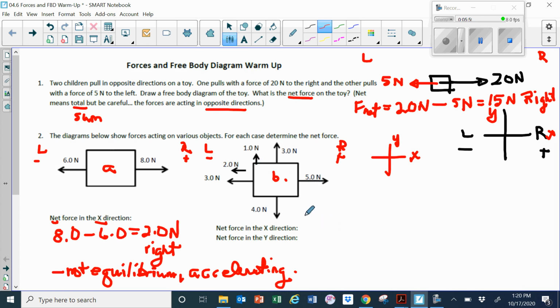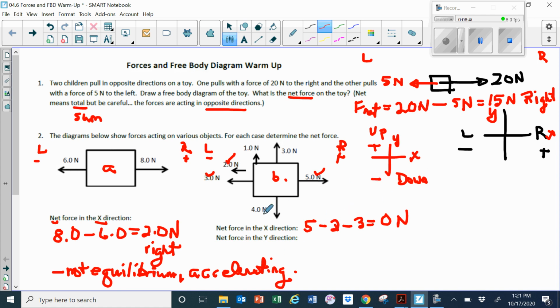So let's look at that. We've got 5, that's a positive net force, 5 newtons to the right, minus 2, so I'll just put a little check on this, minus 2, that's this guy, and minus 3, that's this guy. So the net force in the x direction is 0 newtons. Okay, in the y direction, there's 2. So this is up, and that's positive, and this is down, and we'll say this is negative, right?